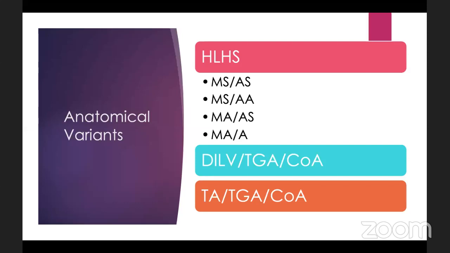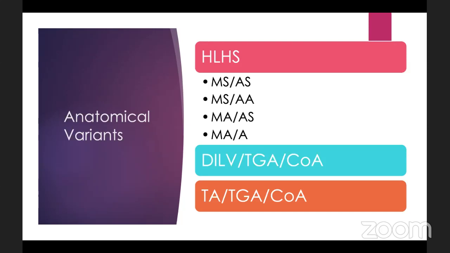But that has changed recently, but you can consider it a high risk category. Mitral atresia and aortic atresia, and mitral atresia and aortic stenosis. So these are all different combinations of aortic and mitral pathologies in hypoplastic left heart syndrome.